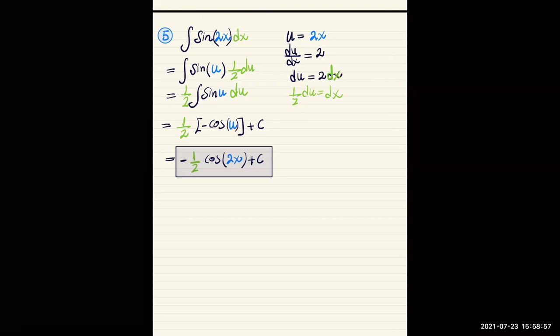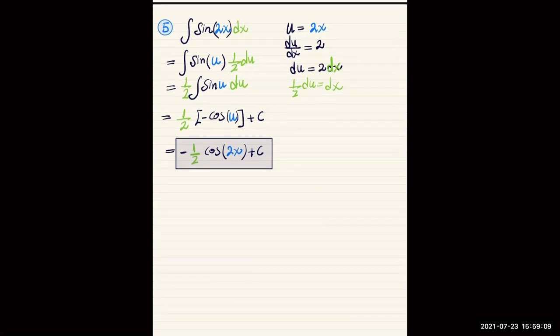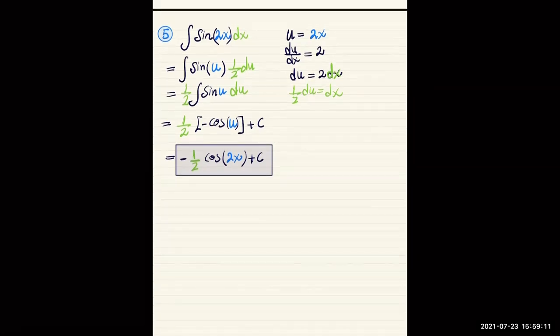Now, with these problems, I want you to skip the u substitution, to be honest with you. If you look at the final answer, first of all, we just take the antiderivative of sine, which is negative cosine.